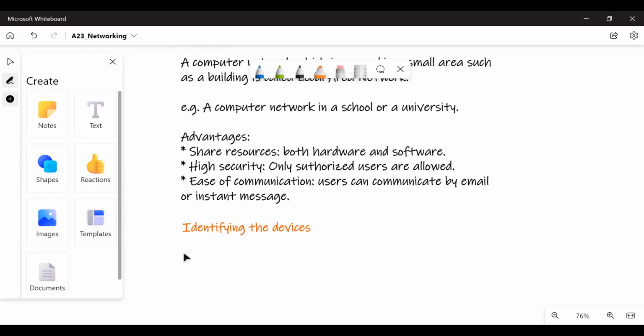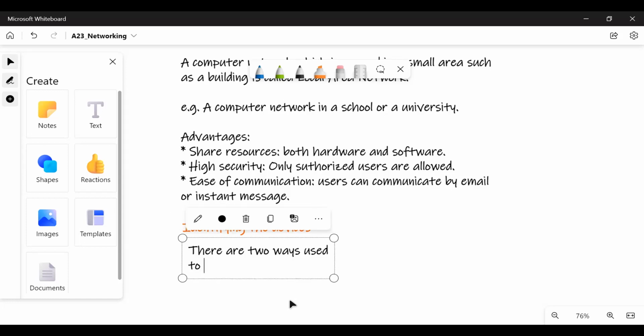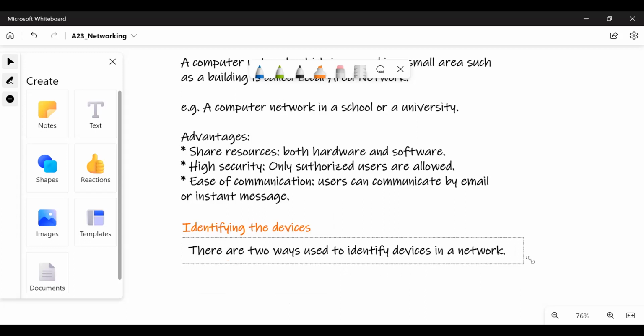So there are two ways used to identify devices in a network.